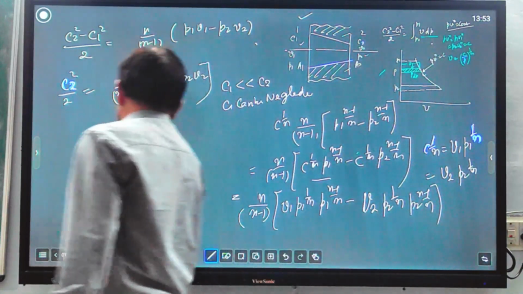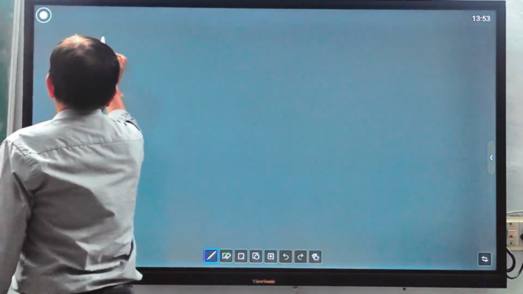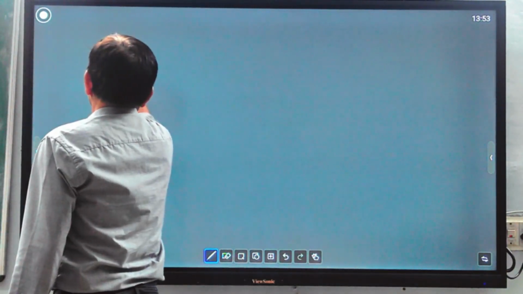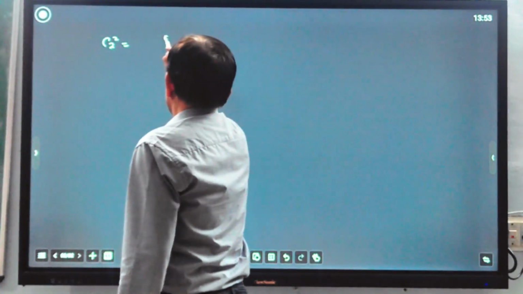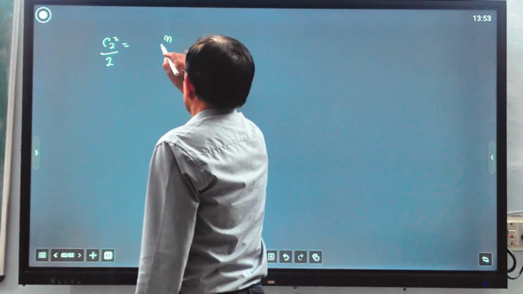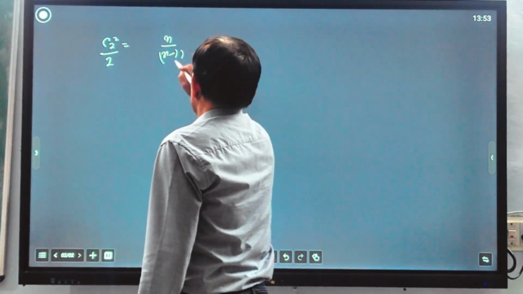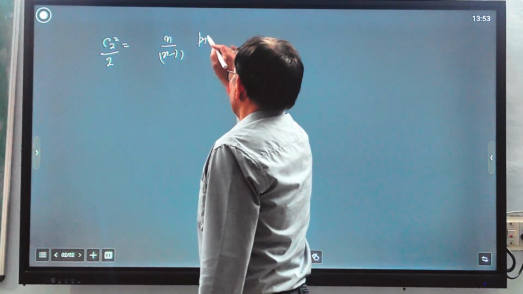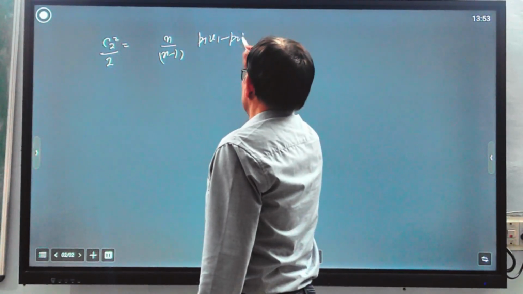So let us see another. We have derived the equation C2 square by 2 equal to n upon n minus 1, taking p1 v1 minus p2 v2.